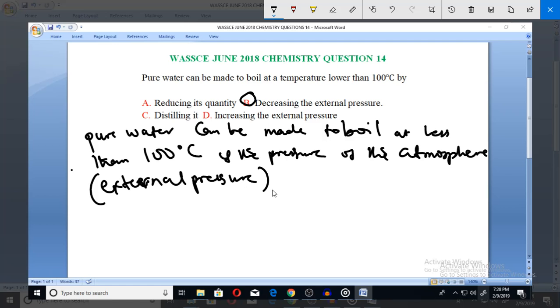So if the external pressure is reduced, then you can have pure water to boil at a temperature less than 100 degrees Celsius.